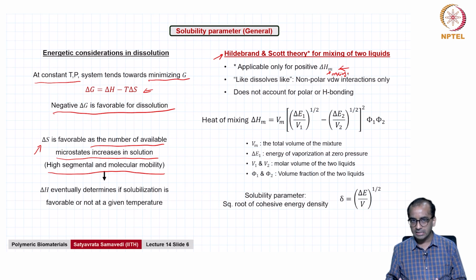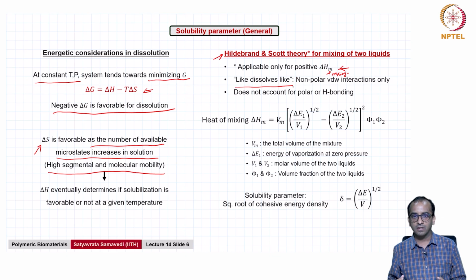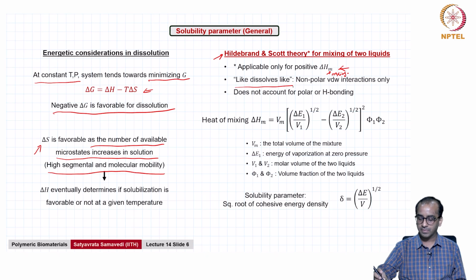The basic idea here is like will dissolve like. So, if you have two different liquids, solvents for example, and you want to mix them, if they are alike in terms of some property that we will look at, then mixing is favored. That's the basic premise behind Hildebrand.